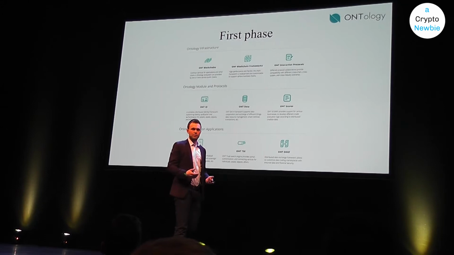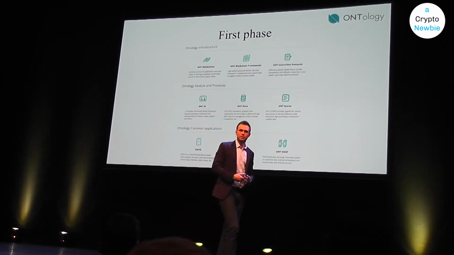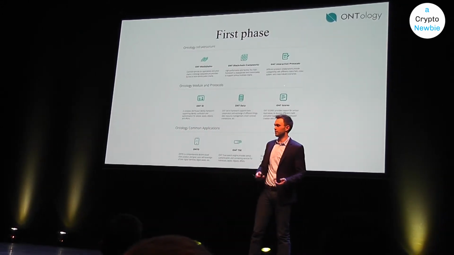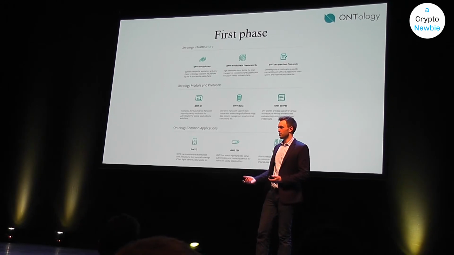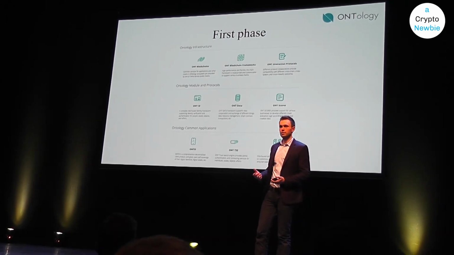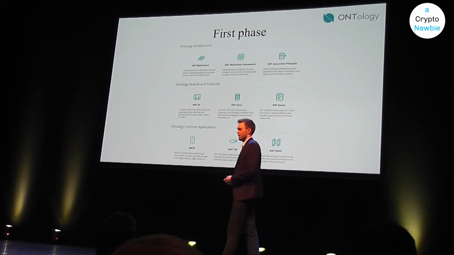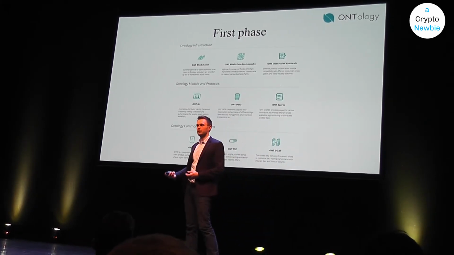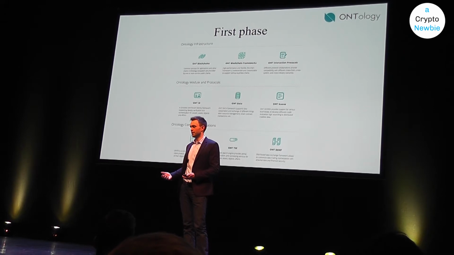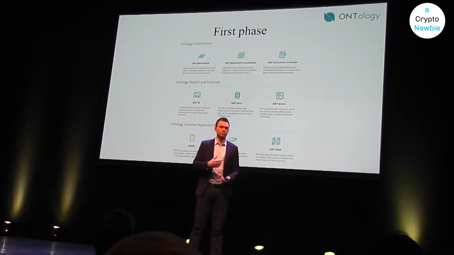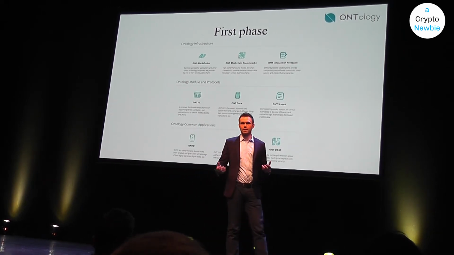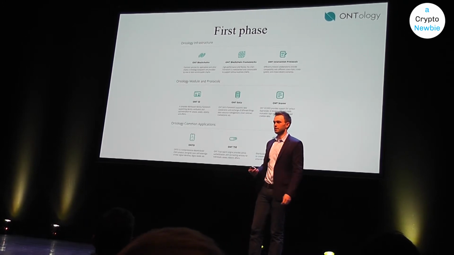And on these common chains, you can build your D-apps and you can deploy and invoke smart contracts. We will also provide some modules and protocols for data transfer and identity verification, and along with that, a few applications. So these applications would, for instance, be the Onto, which is an identity verification application.